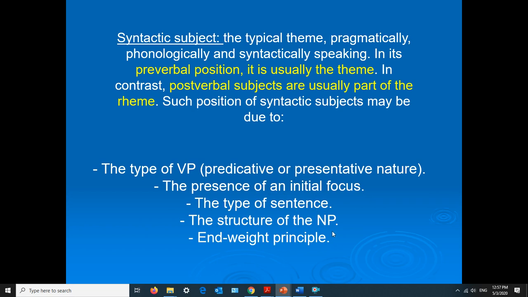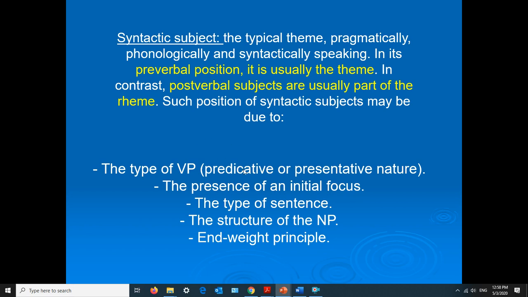So when we have a subject in Spanish that is not taking up initial position, we cannot just say that we have it somewhere else, particularly towards the end of the sentence, because Spanish is a much freer language in terms of order of constituents.